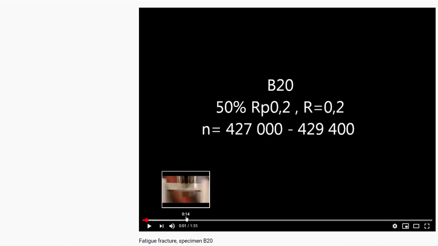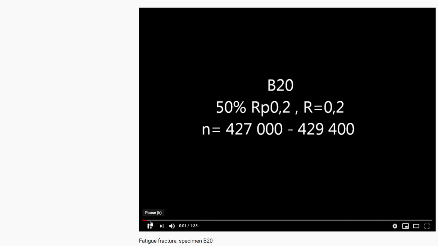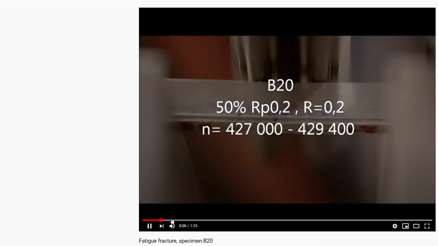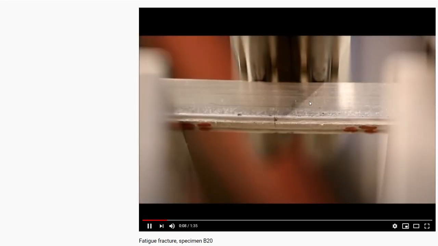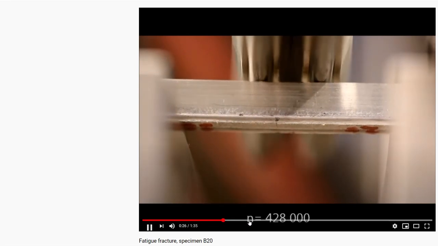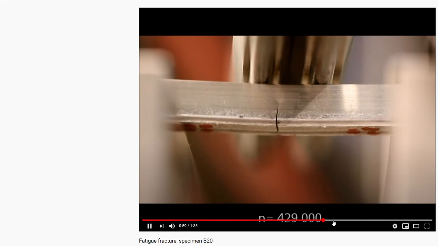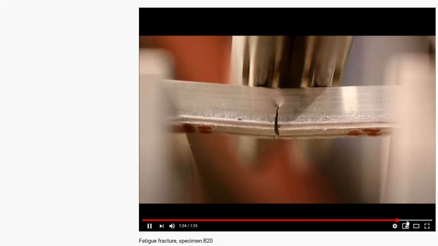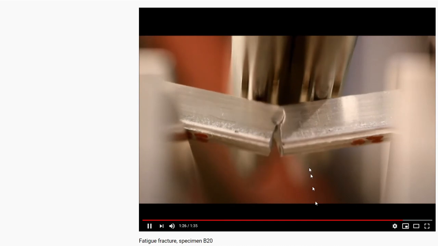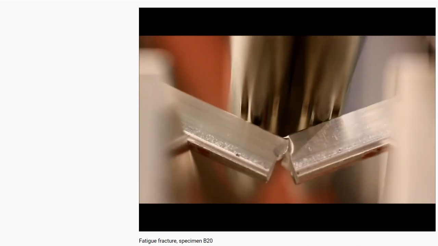This is another example of fatigue as well. Very similar problem, it's also a 3-point bend test. Note that you can see the crack there. But then it starts cycling at a higher frequency, and look what starts happening. You can see eventually it starts breaking, until it just breaks completely.